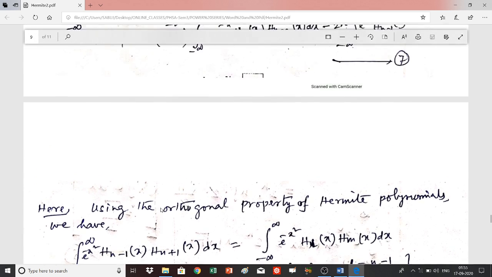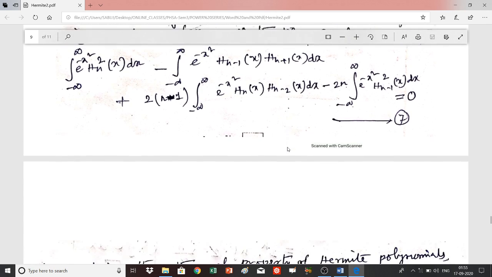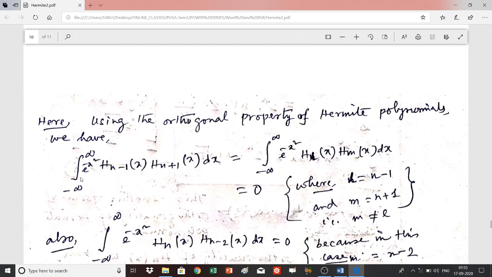We are here to find the value of the integral of e^{-x^2} H_{n-1}(x) H_{n+1}(x). Say n minus 1 is L and n plus 1 is M. This gives the integral of e^{-x^2} H_L(x) H_M(x) dx, where L is equal to n minus 1 and M is equal to n plus 1, and here n is not equal to L.